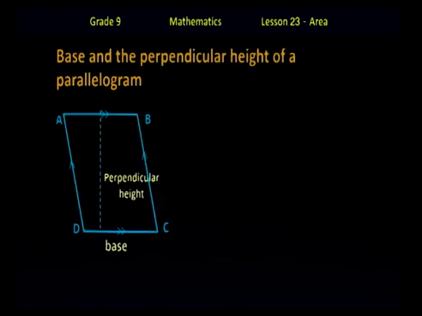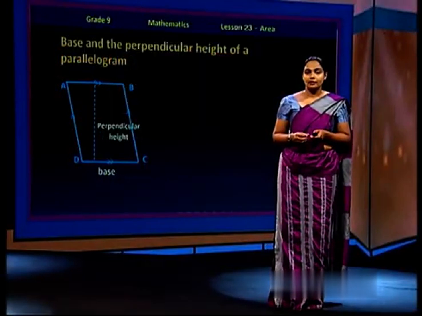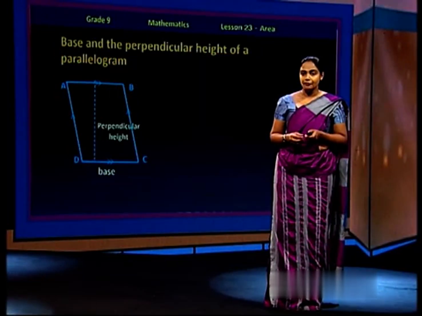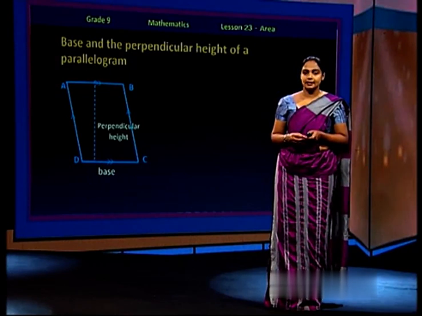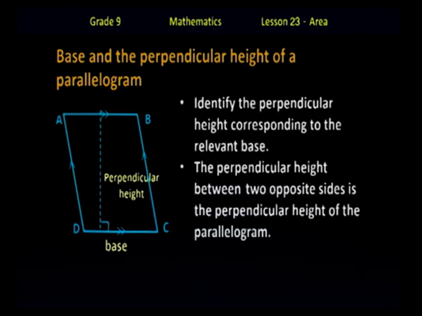Here we have to identify the base and perpendicular height of a parallelogram. For a parallelogram, there are 4 sides. Opposite sides are the same; they are equal in length. Then you can select any one as the base. And here also you have to find the correct perpendicular height. Here the base is DC and the perpendicular height is drawn in this diagram.